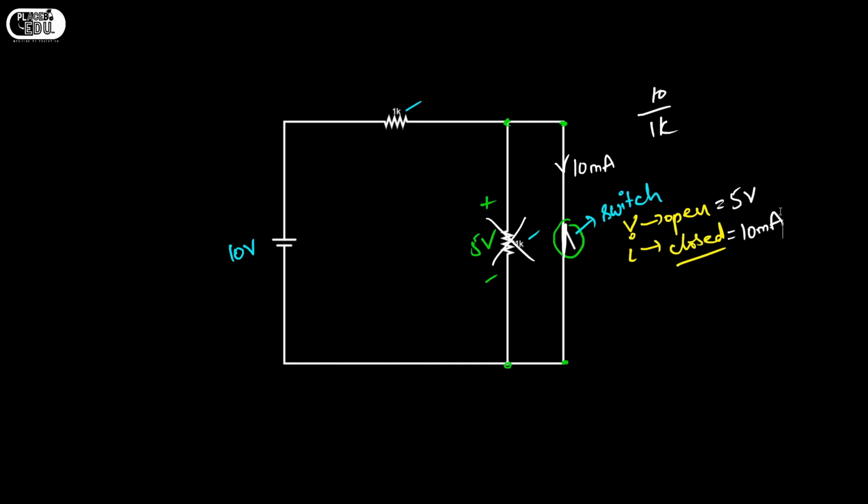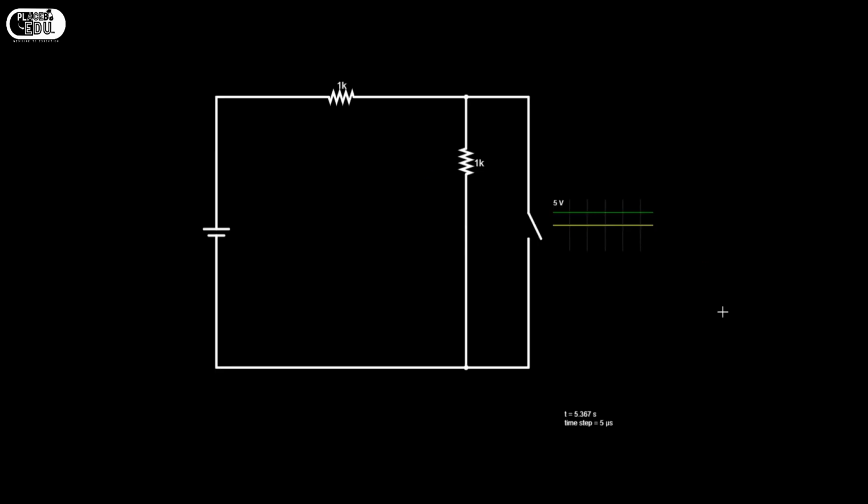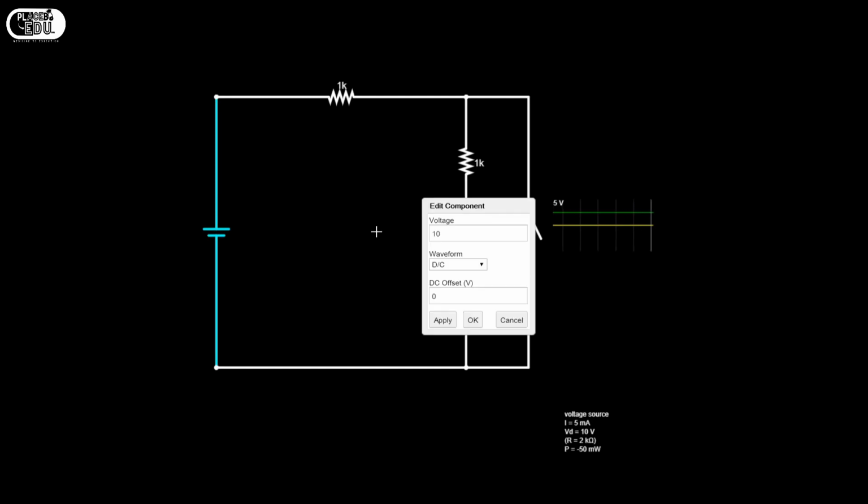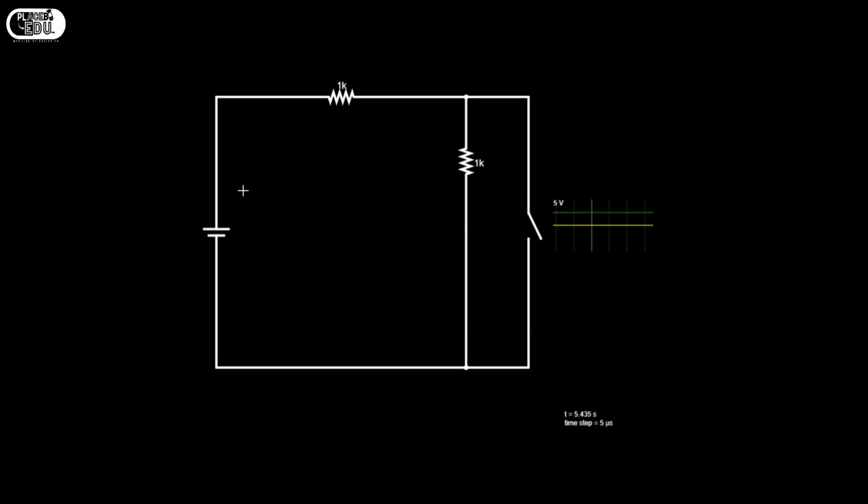So if I show this in the simulation, see here, this is the circuit and I am running the simulation. If we see what is the voltage, it is 10 volts, right? So now 10 volts, the switch is open, right? So the voltage across the switch will be 5 volts. Since it is open, the current through it will be 0 amps, right? It is clear, right?